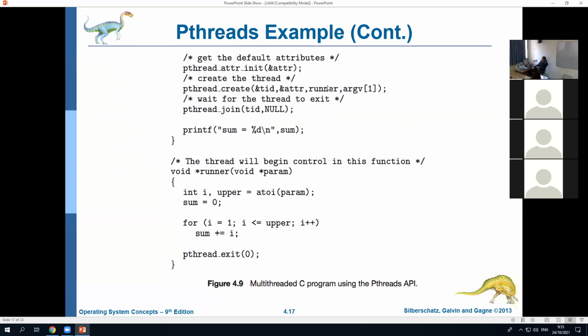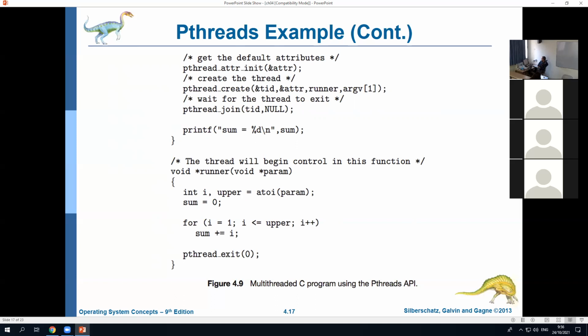And the attributes, like I said, are default. But here, runner means when this thread starts up, what should it do? It should do this function called runner. That's what you see on the bottom of the slide. So that's how I can create a separate thread in a program to run a function.